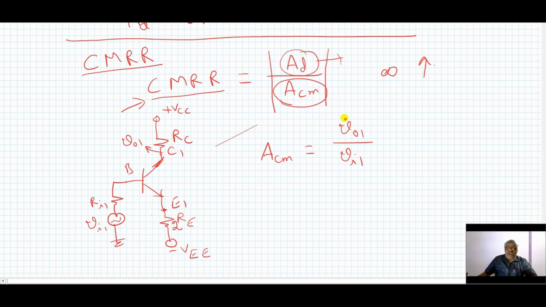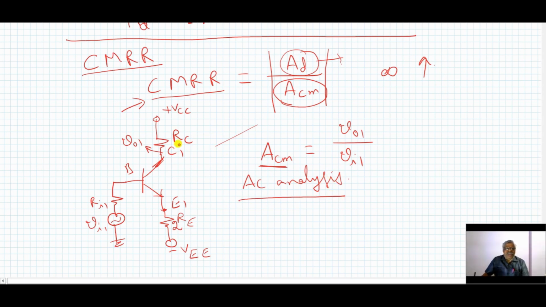To find the expression for V01 and then divide by Vi1, we get the common mode gain. Then we can substitute in this expression. So which analysis do we have to perform now, AC analysis or DC analysis? Because the gain we are interested in is AC gain, we have to perform AC analysis.